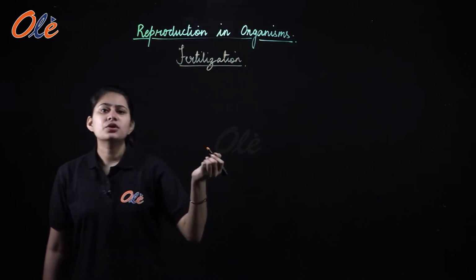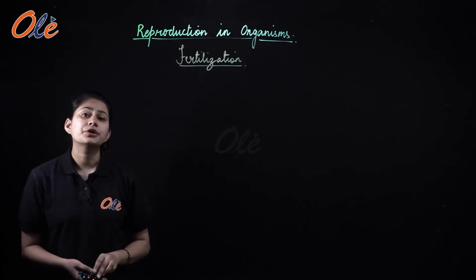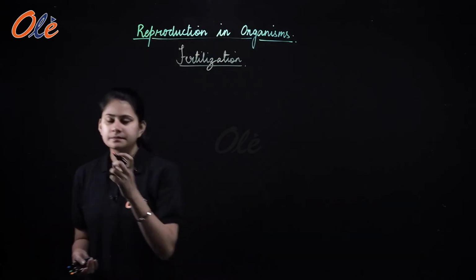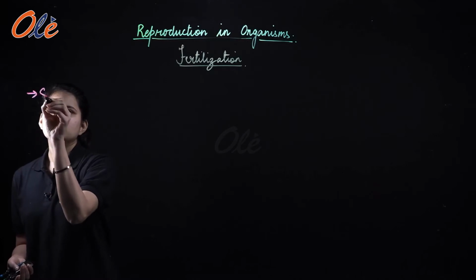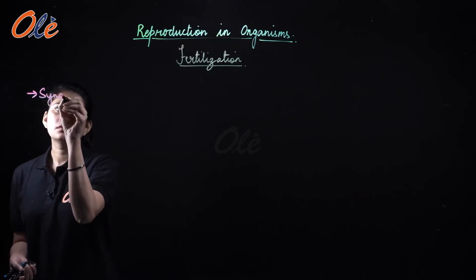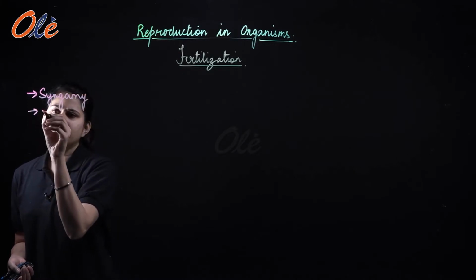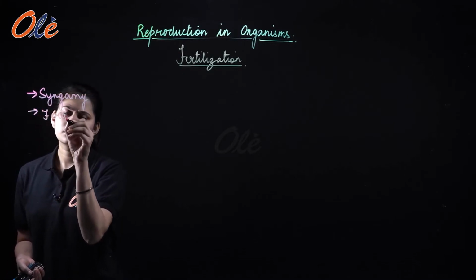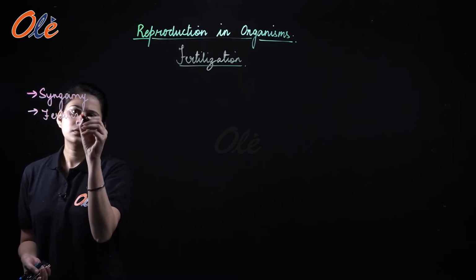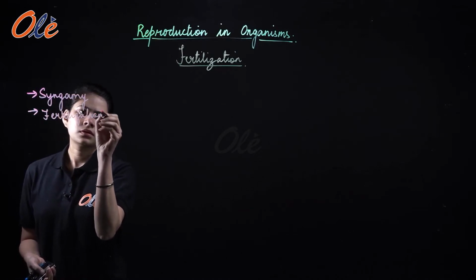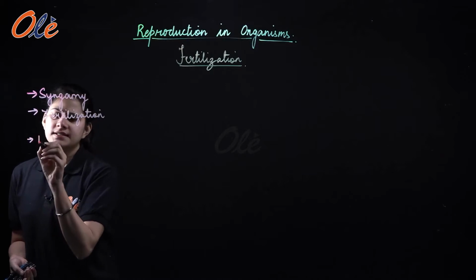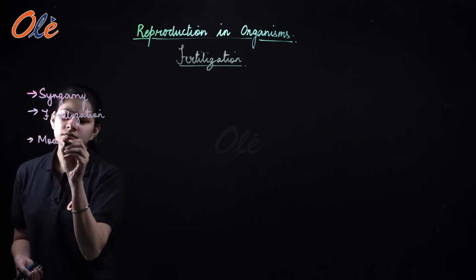Alright, when we are going to study about fertilization, we are going to basically deal with two terms. We will be studying about syngamy and then about fertilization. Further, we are going to discuss about the modes of fertilization.